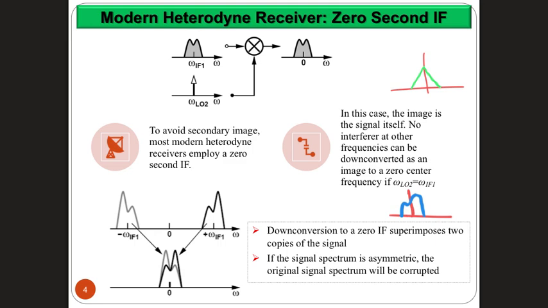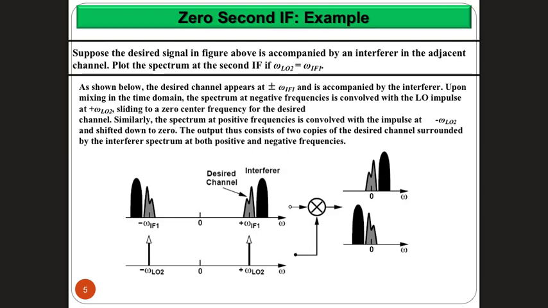So anyways, the situation of self-image can happen in many cases, and that's a problem with the 0 IF. How we resolve this problem is going to be presented in the next few slides. This is just a quick exercise. I'm not going to stop at it.